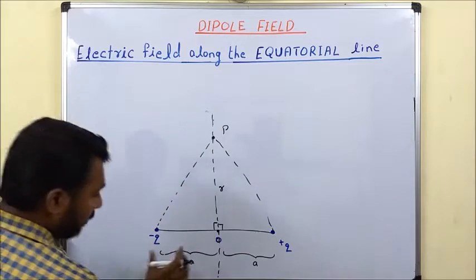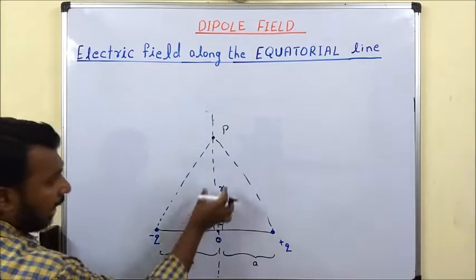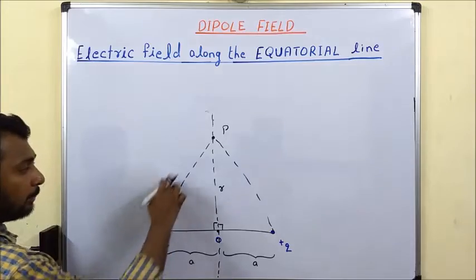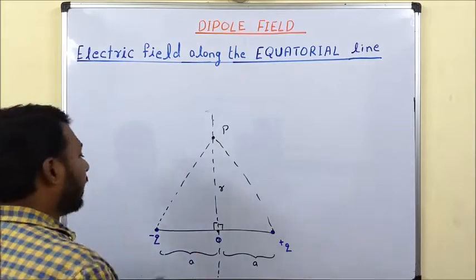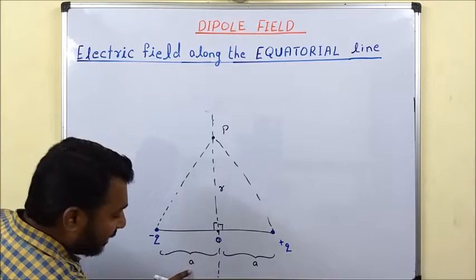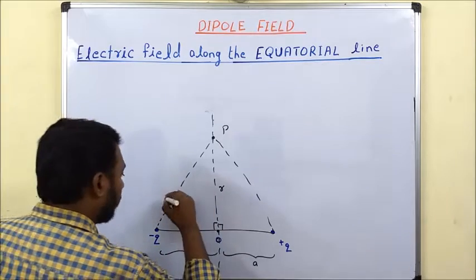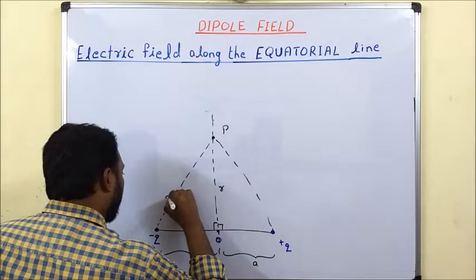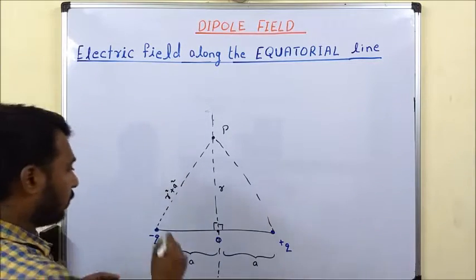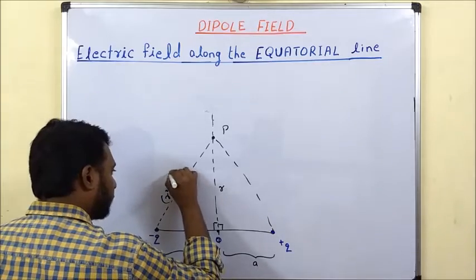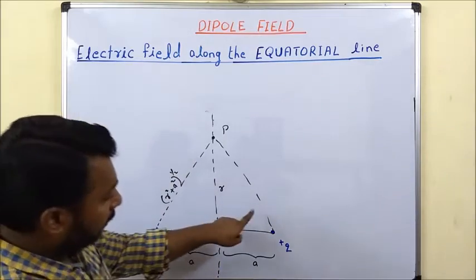So for the distance, the hypotenuse, you can see the base is A and the height is R. So the hypotenuse will be, according to the Pythagoras theorem, under root A square plus R square. So I am writing it as R square plus A square under root, or also you can write it all raised to 1 by 2. What about this triangle?